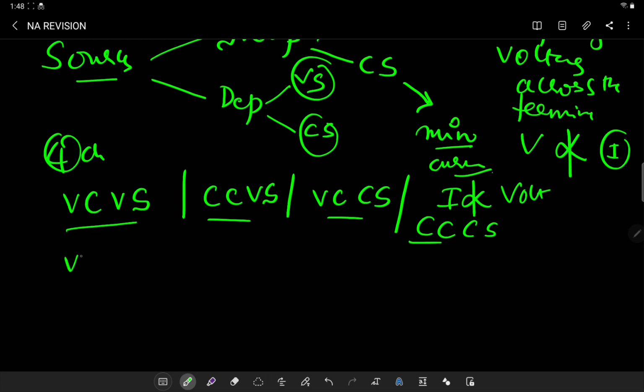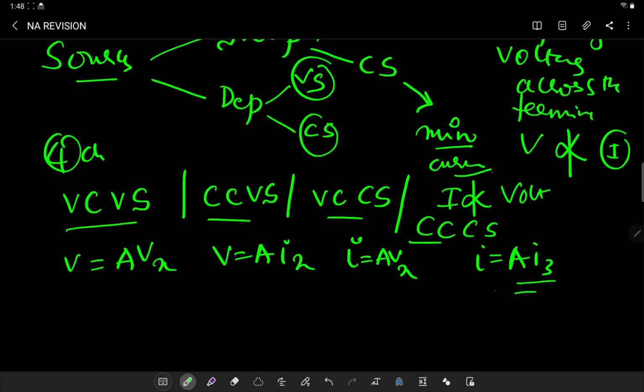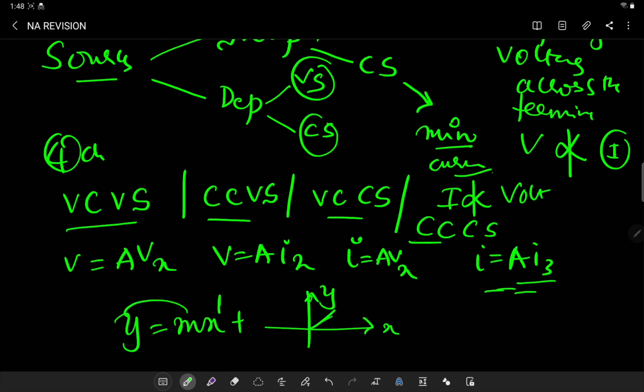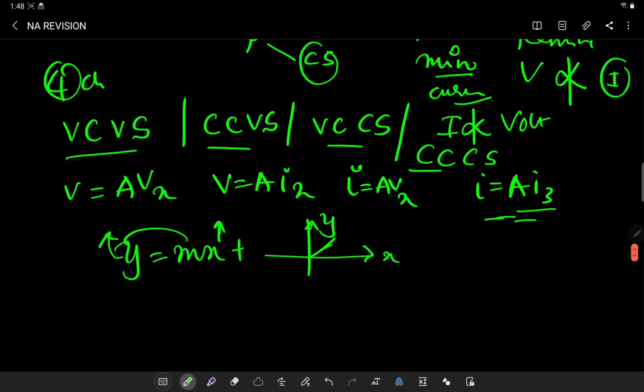So I can simply write V is A into Vx, or V is A into Ix. Here I is equal to A into Vx, or I is equal to A into Ix. So the dependency is something like Y is equal to mx plus c. So if this is Y axis and this is X axis, a straight line, as X varies, Y will be varying. The same concept comes here also.